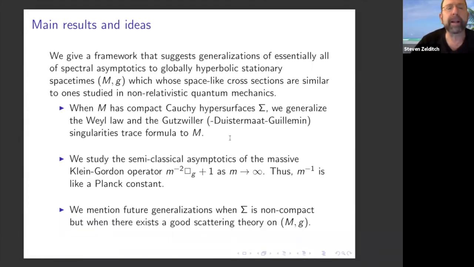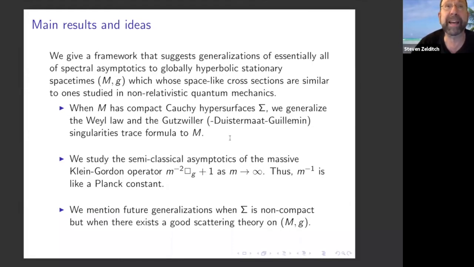So we're going to do spectral asymptotics on globally hyperbolic stationary spacetimes. I'll spend some time explaining what that means. For convenience or technical simplicity, we're going to assume that the space-like directions are compact, that you have a compact Cauchy hypersurface.